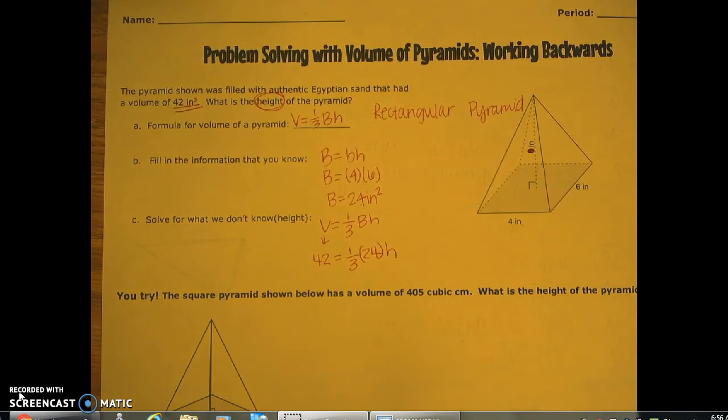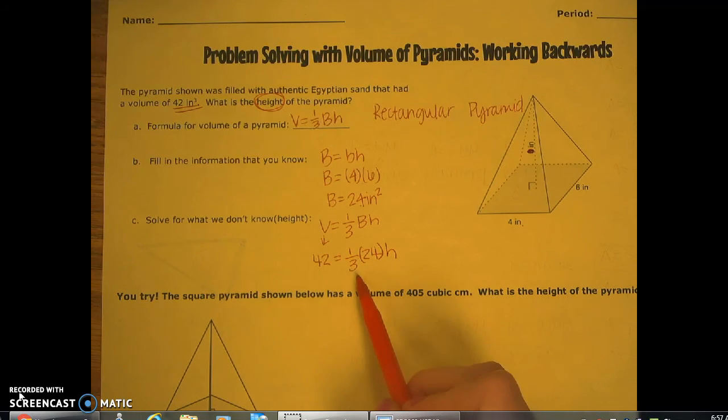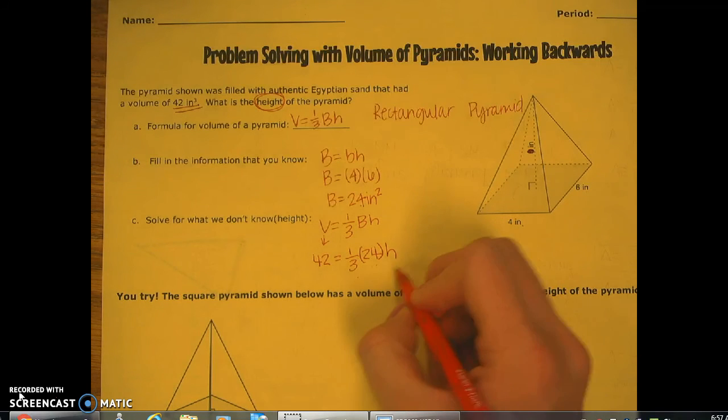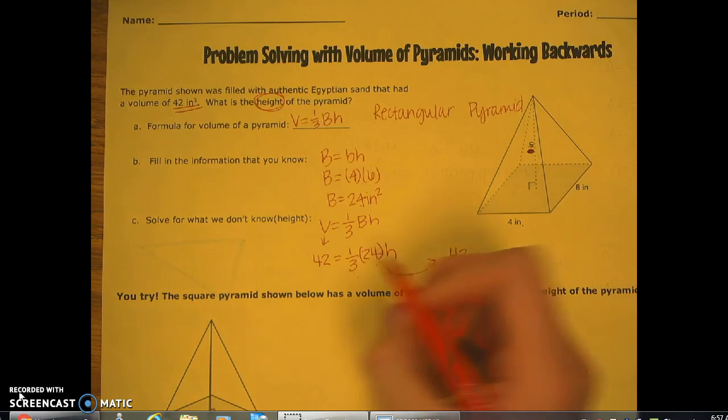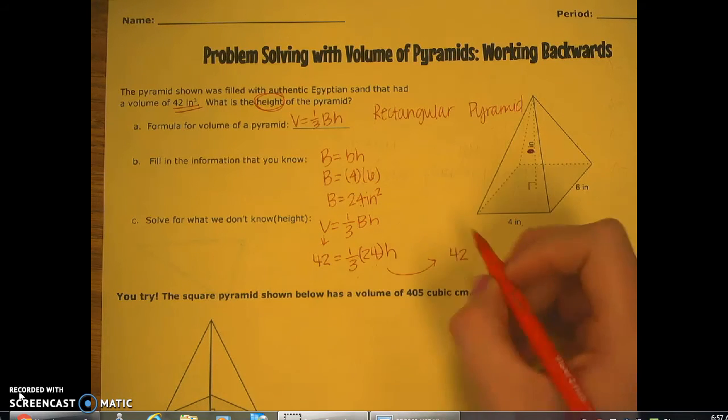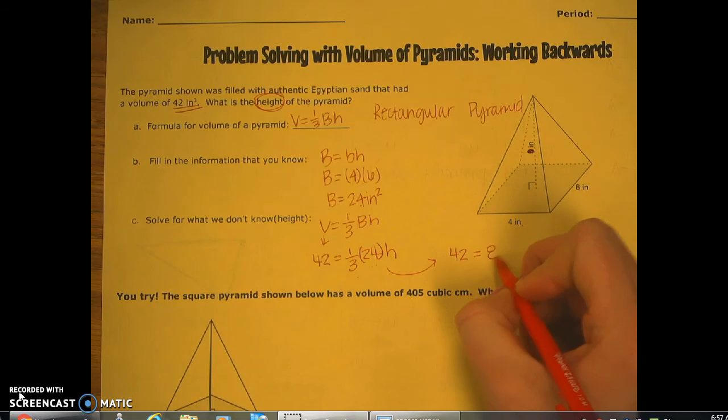So I'm going to go ahead and just solve whatever I can. I notice that right here I have 1/3 of 24. Well, I can go ahead and find that by dividing 24 by 3. So 24 divided by 3 gives me 8. So I'm just going to replace this in my formula with 8.